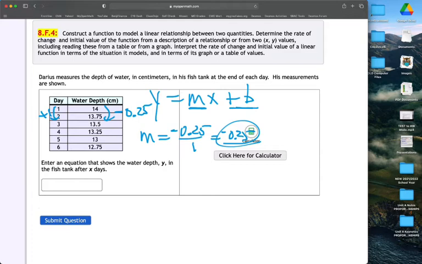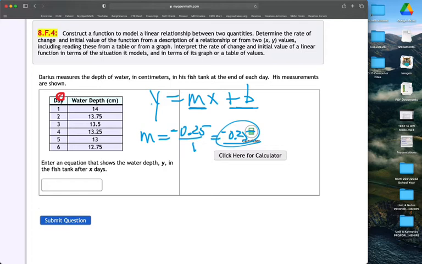Now, as far as the y-intercept goes, it's not found in our table. So what we'll have to do, and we have to do this sometimes, is work backwards in the table. What I mean by working backwards is we know we need the ordered pair 0, comma something.